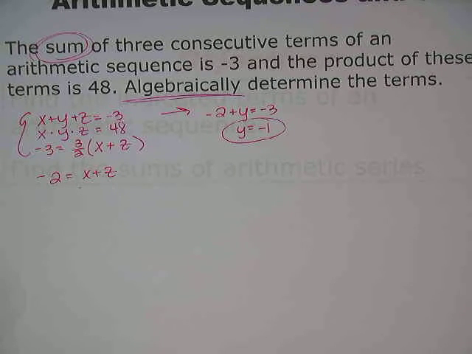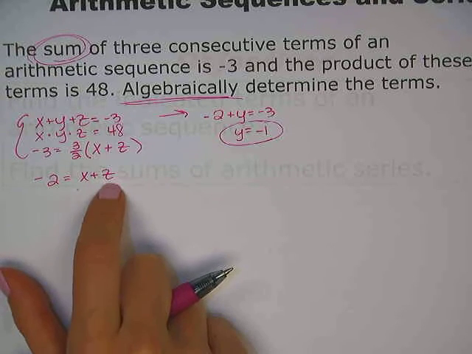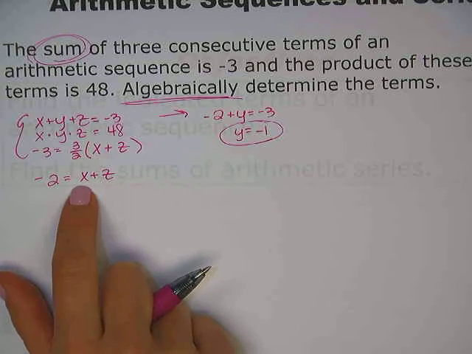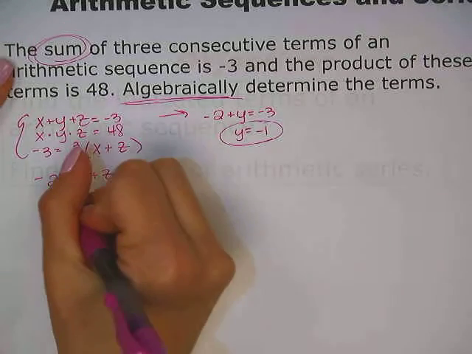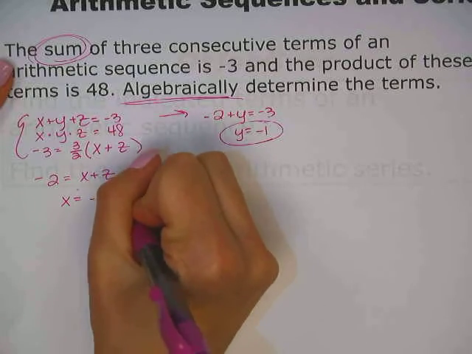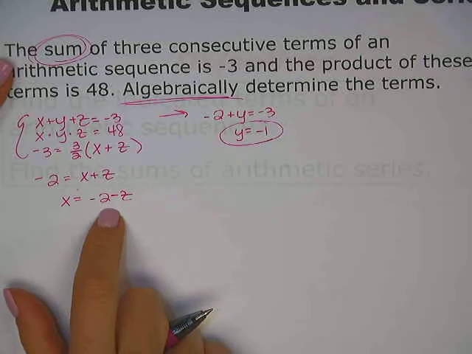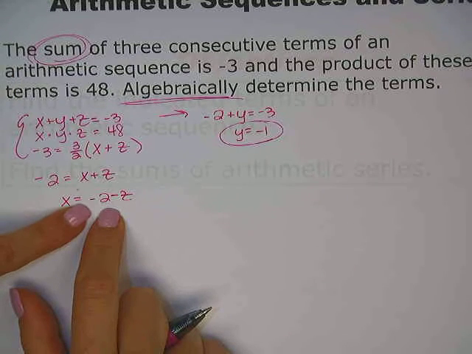Now what I'm going to do next is use this equation again, and isolate x. I've got x equals negative 2 minus z. So x equals negative 2 minus z, and guess what?